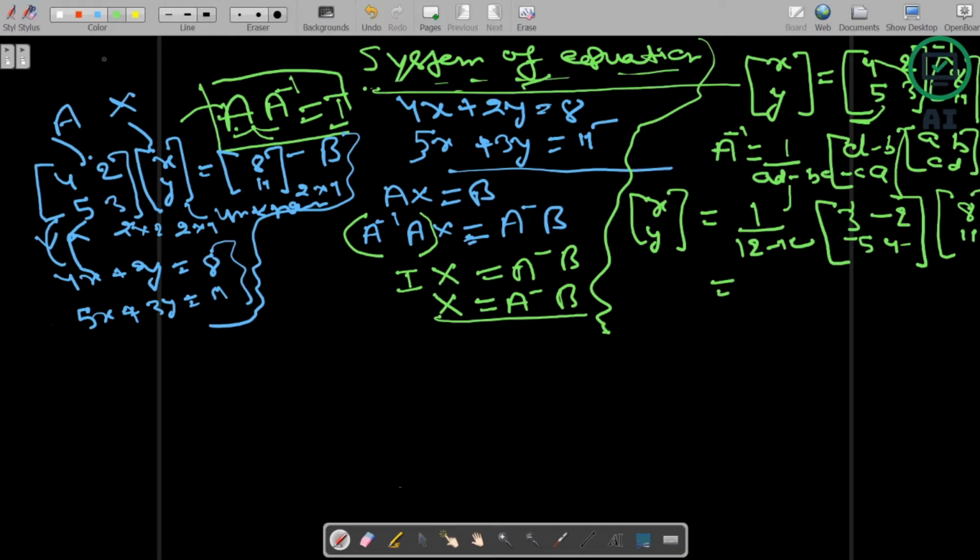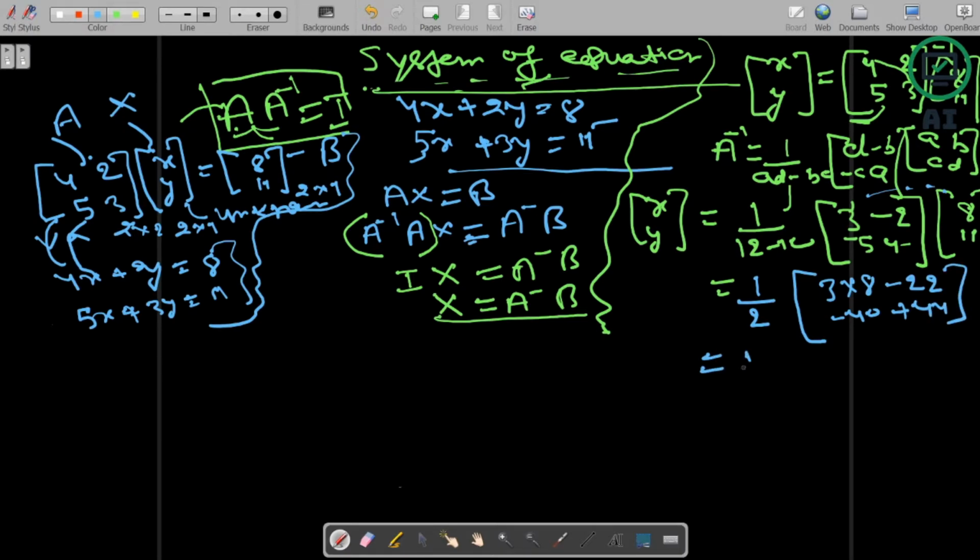So now solve this one. What is this? 1 by 2, and multiply this to this. So it is 3 cross 8 minus 22, and then it is minus 40 plus 44.